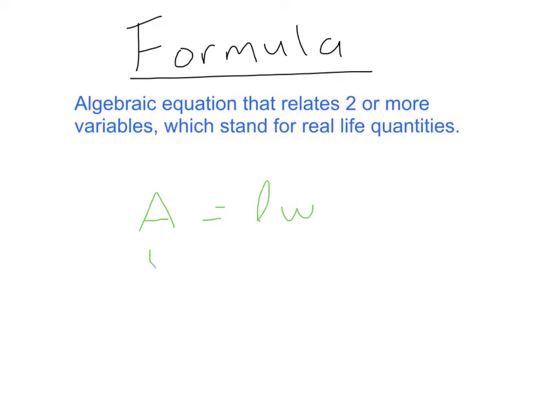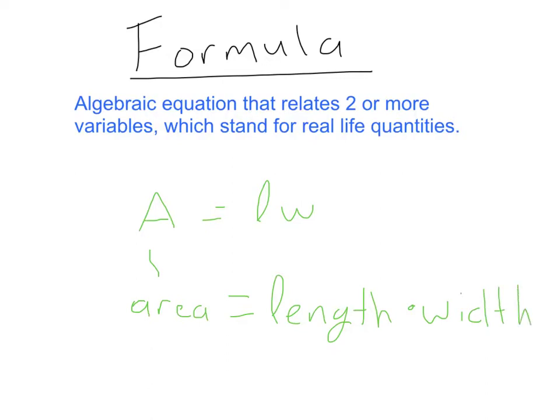So our A stands for area. Our L stands for length. And our W would stand for width because the area of a rectangle is length times width.